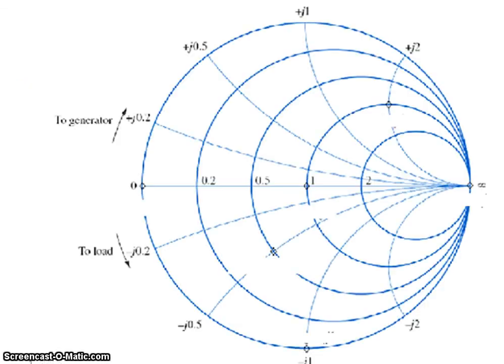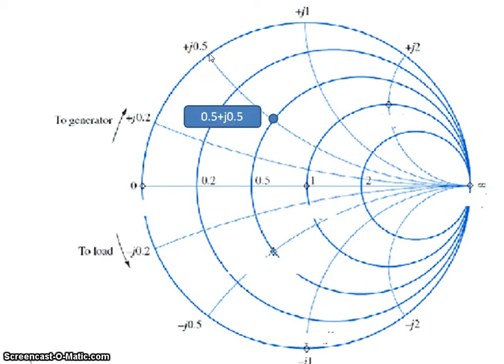Now if I want to write down the value of impedance at this point, how to write it down? This point is on the upper half of the Smith chart, so it is going to be a reactive impedance. It is the intersection of two circles, which are 0.5 and plus 0.5.